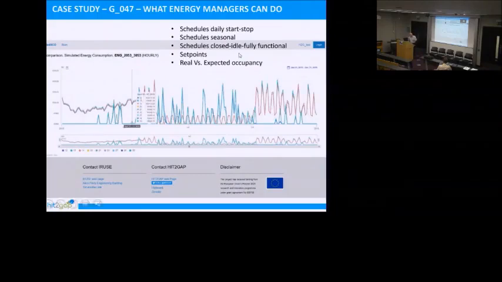And you can also change the expected occupancy. Okay? You can say, okay, this room is going to be occupied only 20%. So let's make that possible in the model and see how much energy we save by assuming that the occupancy is going to be 20%.